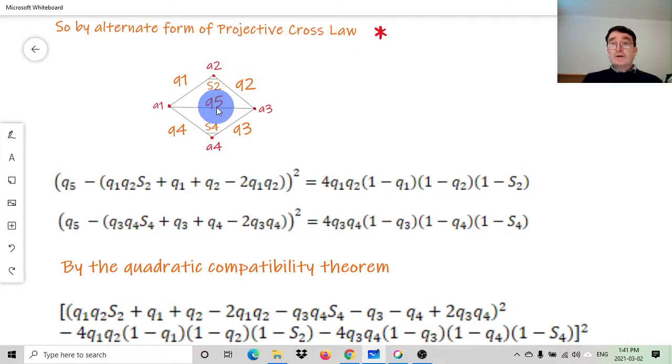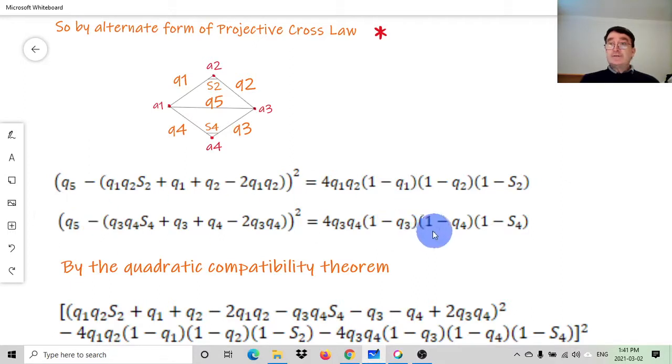So we're going to apply the quadratic compatibility theorem. First, the first equation here involving Q1, Q2, and Q5 is the alternate form of the cross law for this first triangle up here. This is the alternate form of the cross law for the second projective triangle. So in this alternate form, we have a common solution Q5.